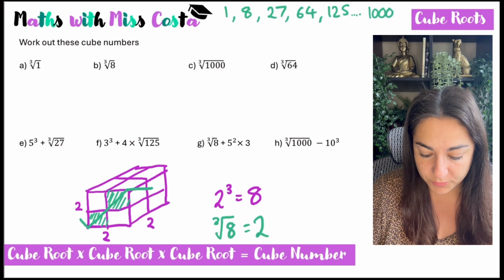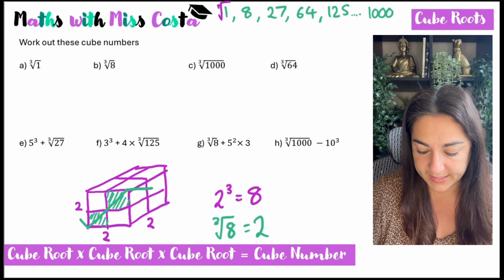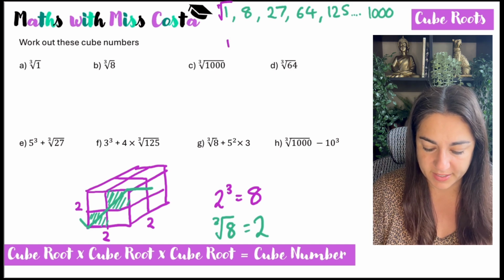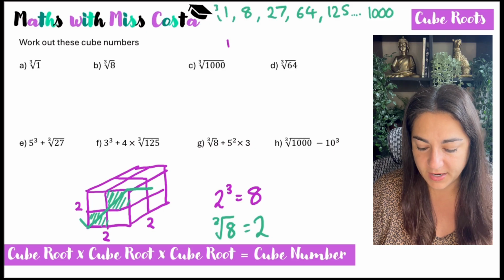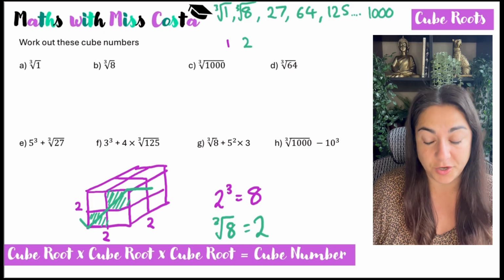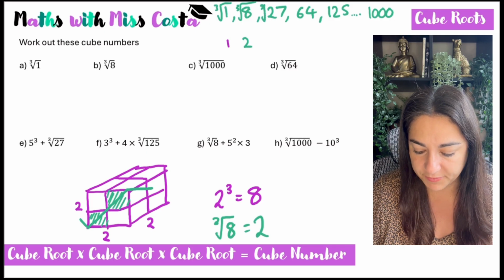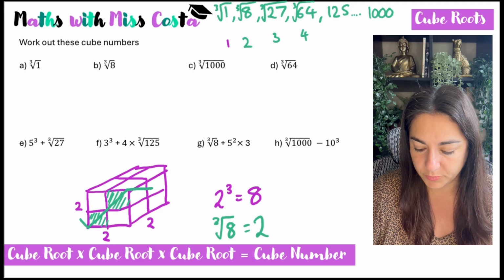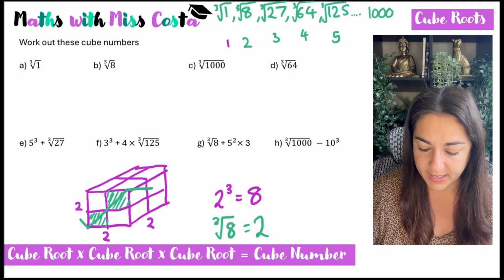So the cubed root of 1 is therefore going to be 1. The cubed root of 8 is going to be 2, because it's a second cube number. The cubed root of 27 is 3. The cubed root of 64 is 4. The cubed root of 125 is 5, and so forth.